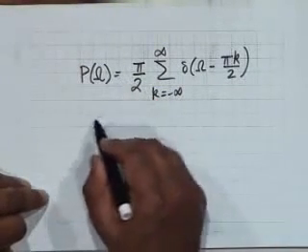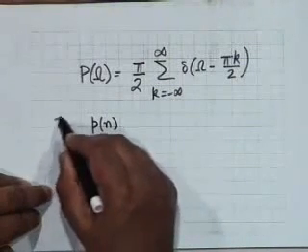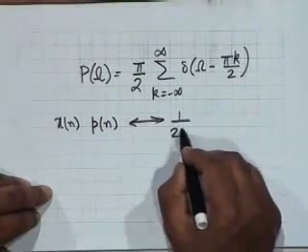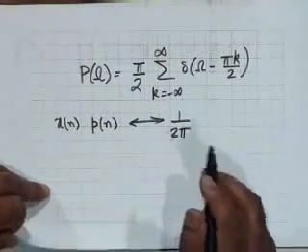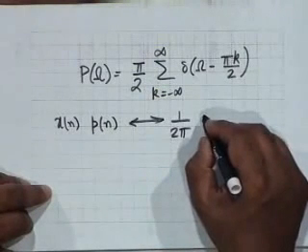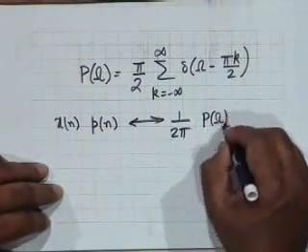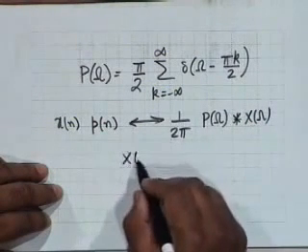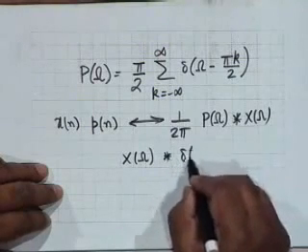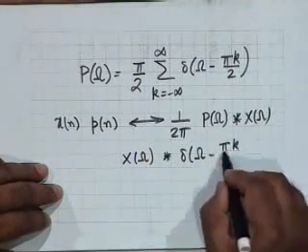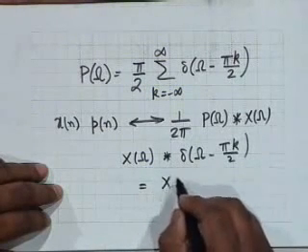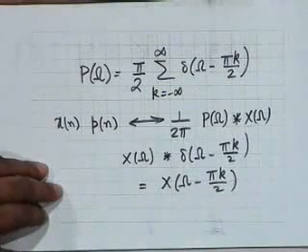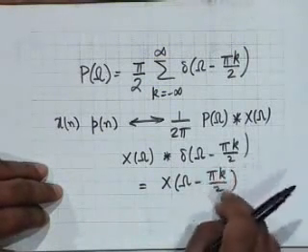And what I have to do is, since I am multiplying x of n by p of n, the corresponding Fourier transform would be 1 by 2 pi, this factor some of you ignore, 1 by 2 pi, then the convolution of P of omega with X of omega. And you know, convolution of X of omega with a delta function, omega minus, let's say, pi k by 2, is simply equal to capital X of omega minus pi k by 2. That is this same spectrum shifted by the amount pi k by 2.